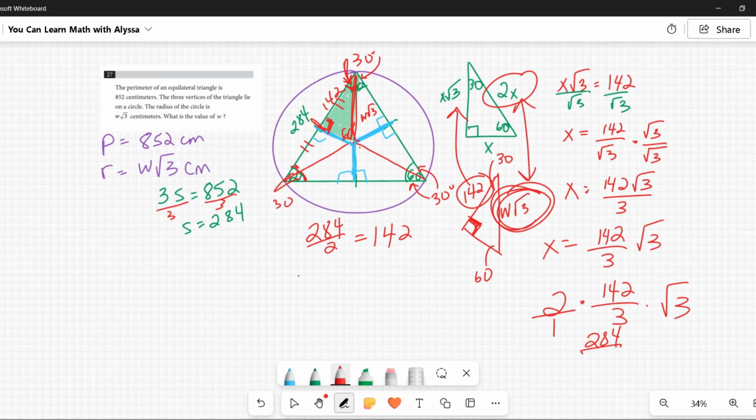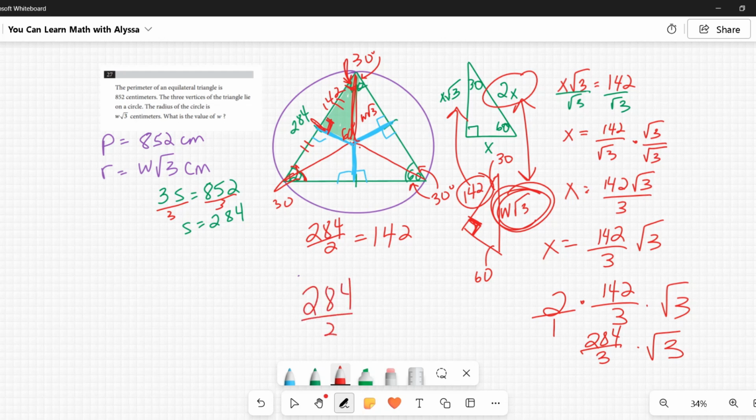And 284 divided by 3 times square root of 3. And is 284 thirds divisible by 3? No, it is not. Same little trick. 2 plus 8 plus 4 is 14. 14 is not divisible by 3, so it's not. So that's it. That's my hypotenuse. My hypotenuse is 284 thirds times the square root of 3.